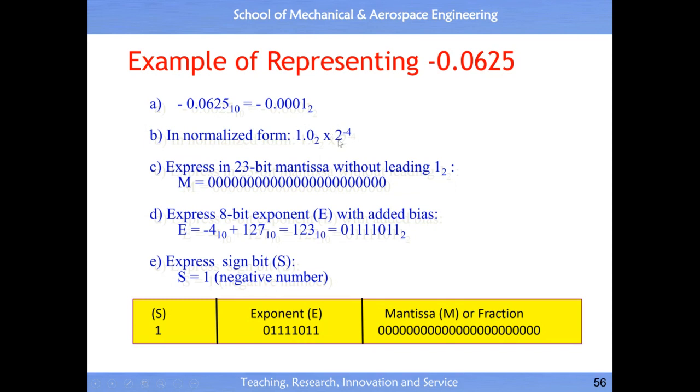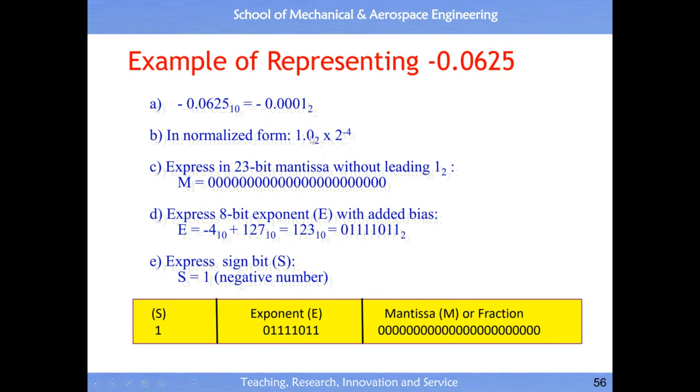Then times 2 raised to the power -4, because we must shift the decimal point toward the right hand side: 1 position, 2 positions, 3 positions, 4 positions. That means we must shift 4 times toward the right hand side until the decimal point reaches here. 1st shift, 2nd shift, 3rd shift, 4th shift. This is why you have a -4.